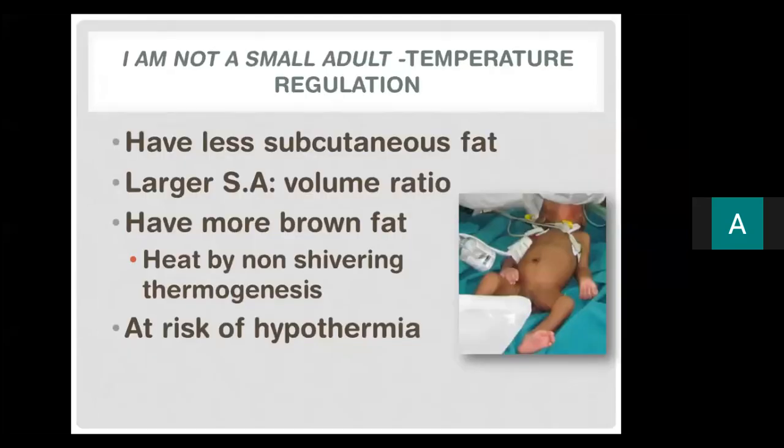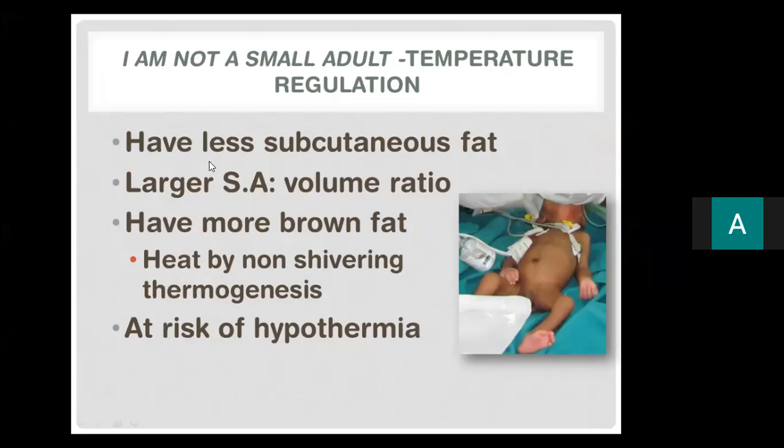Okay. Then the other thing about looking at their skin is that their temperature regulation is poorly developed, and so they have more brown fat, meaning they're going to create heat through metabolism, which is what we call non-shivering thermogenesis, as opposed to shivering, which is really limited for them.